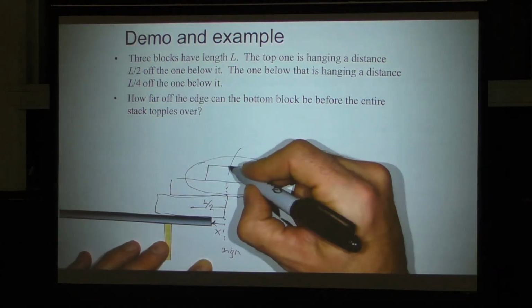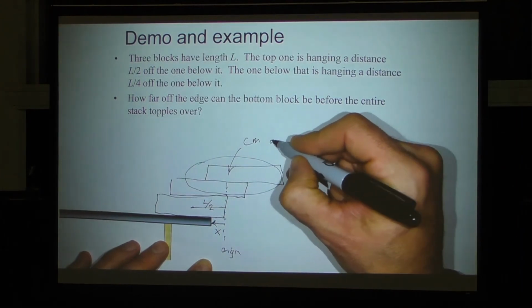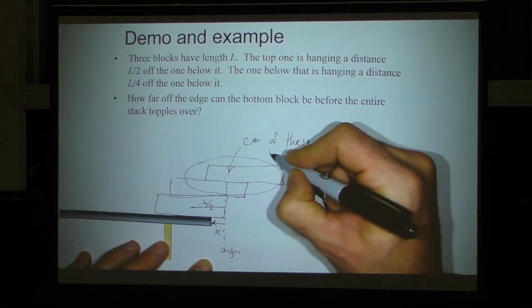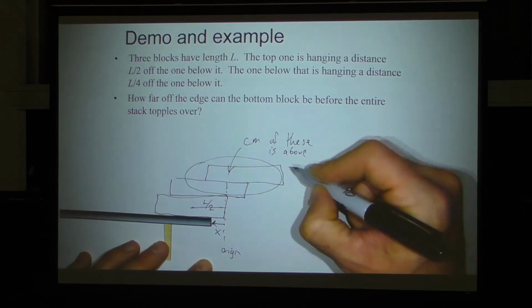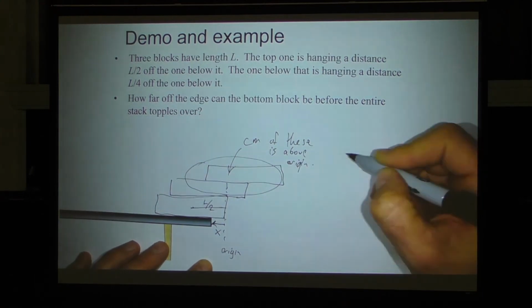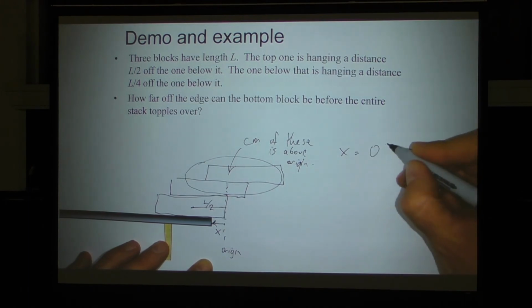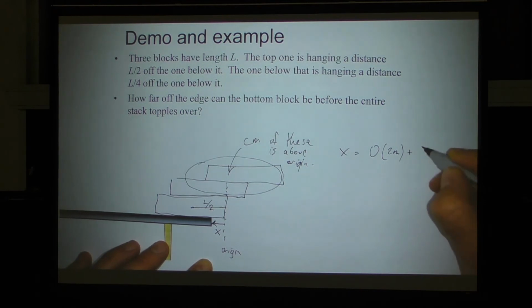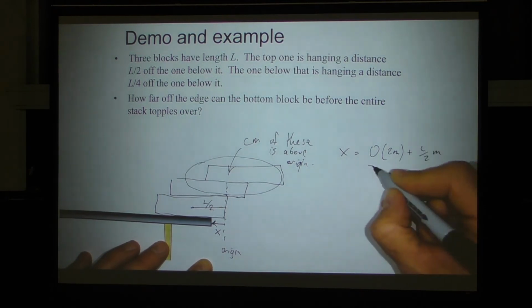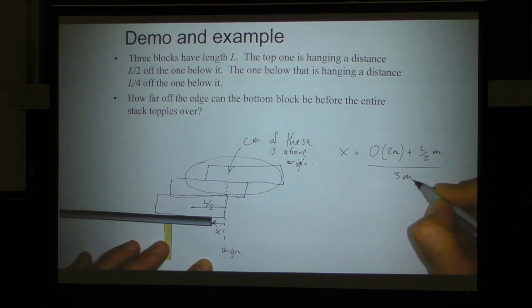So center of mass of these is above origin. And so X, the whole thing, is equal to 0 times, I guess it'll be 2M, plus L over 2 times M divided by 3M.